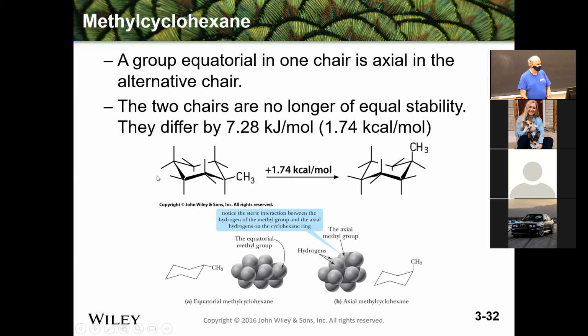There's a difference of 1.74 kilocalories per mole, or 7.28 kilojoules per mole. The larger the substituent, the greater the preference for equatorial. Something like a tert-butyl group has to be equatorial. In fact, a tert-butyl group will effectively lock the ring.